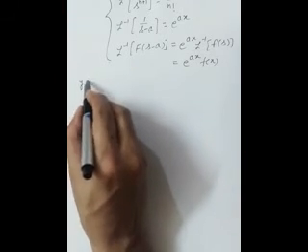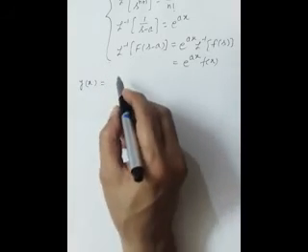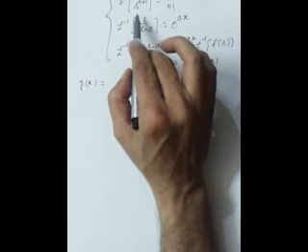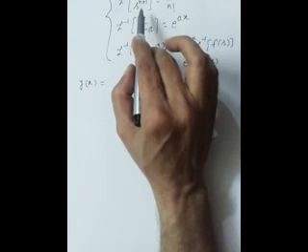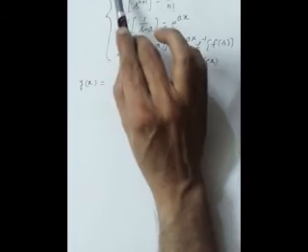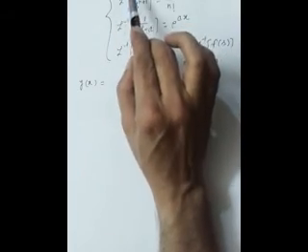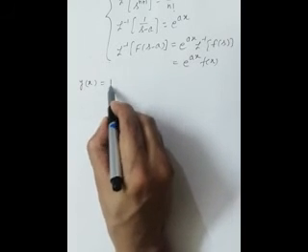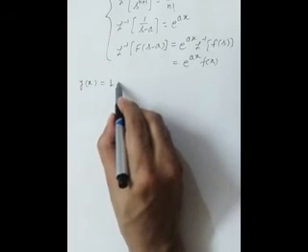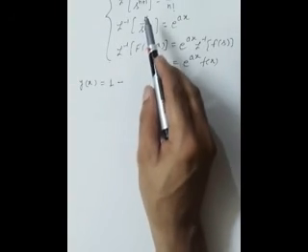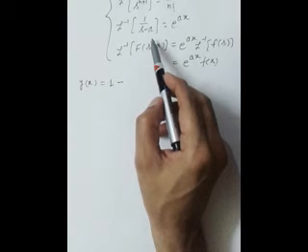Now yx equal to the L inverse of 1 upon s. Here we take n equal to 0, then we have the inverse Laplace transform of 1 upon s equal to 1, minus the inverse Laplace transform of 1 upon s minus a.